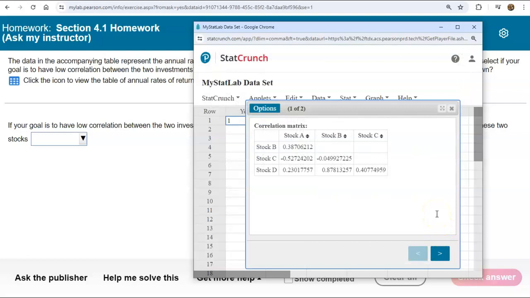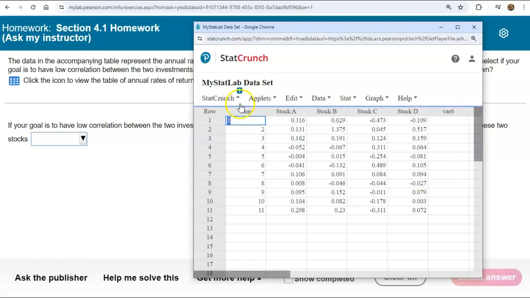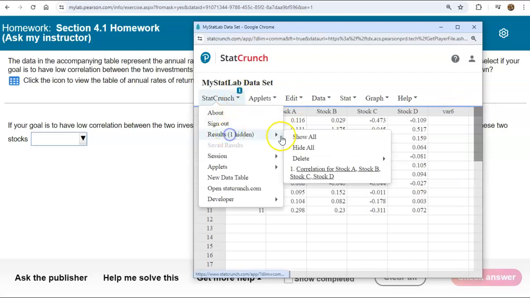And so here we go. This is what the matrix looks like. What you see here is it's showing how stock A correlates with stock B, and A correlates with C, and A correlates with D. Now, if we had wanted to, we could have also told it to tell us how A correlates with itself.